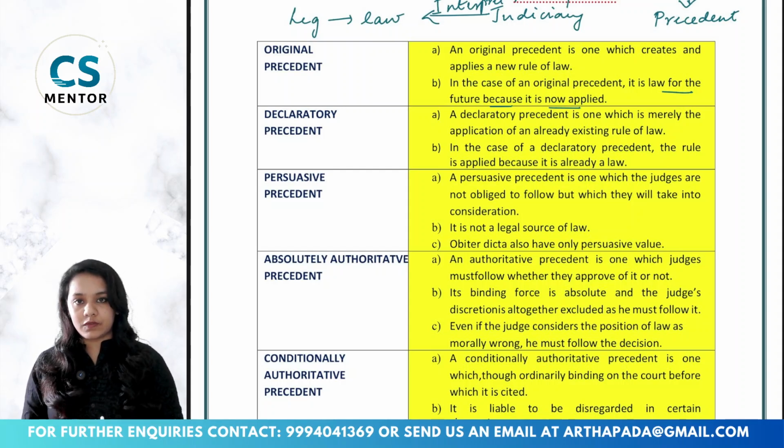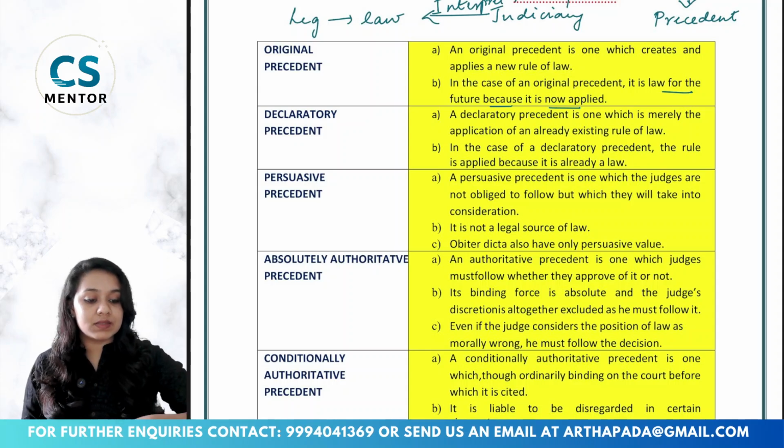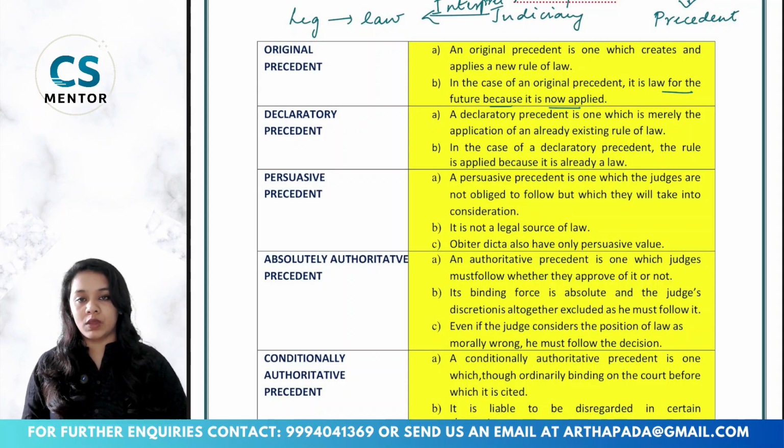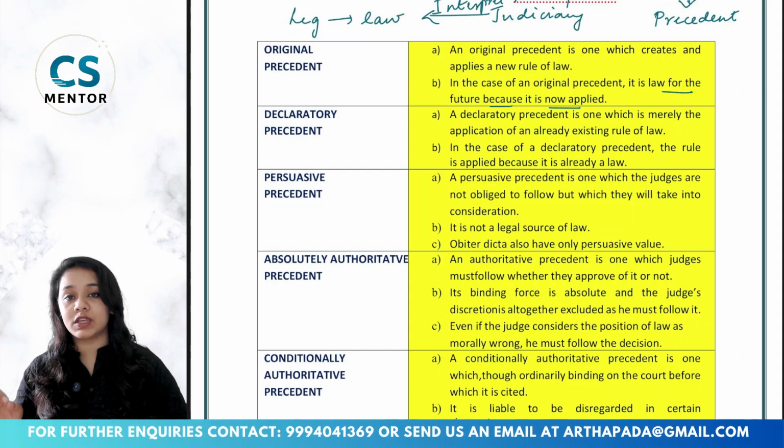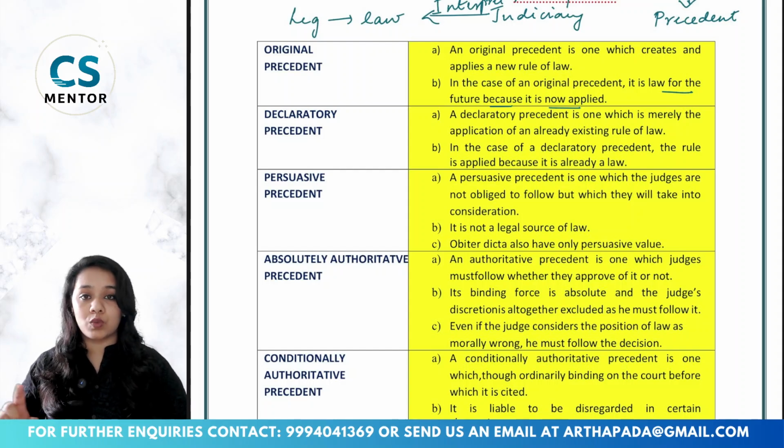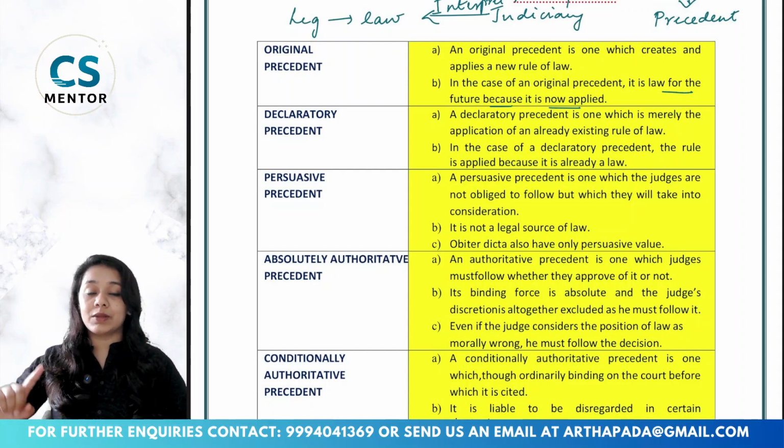Today, if the judges pass a decision, then the same decision will be applied consistently for the future, whether it's 5 years from now, 10 years from now, or even 50 years from now, it will be consistently followed. Because one of the most landmark decisions in law is Keshavananda Bharati versus State of Kerala, which was decided in the 1970s, and it is still followed till date as a precedent.